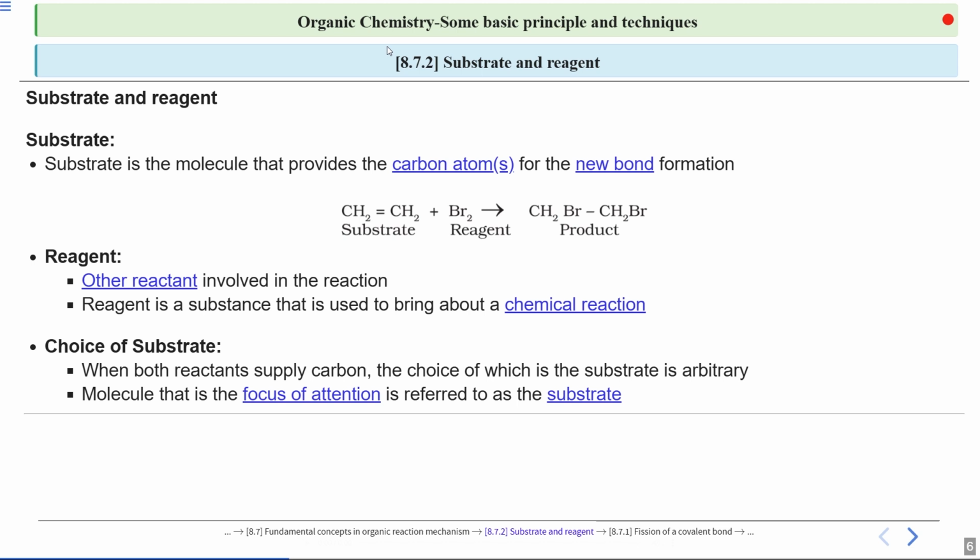If it is coming from both substrate and reagent, then you observe which of the two reactants is the focus of attention, or, in simpler terms and in most cases, which one is supplying the most carbons. So this is basically your way to choose substrate and reagent.